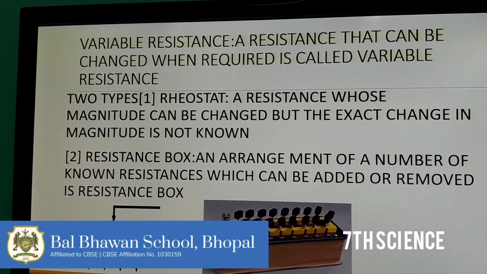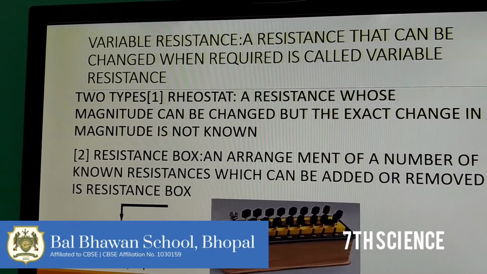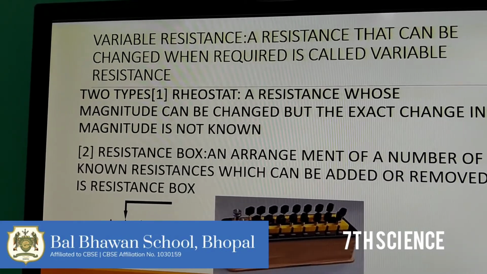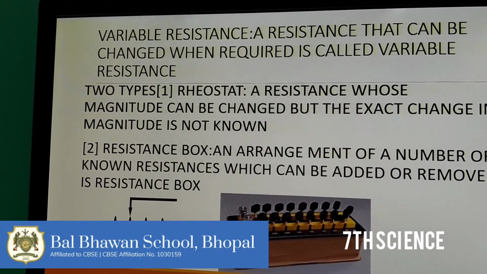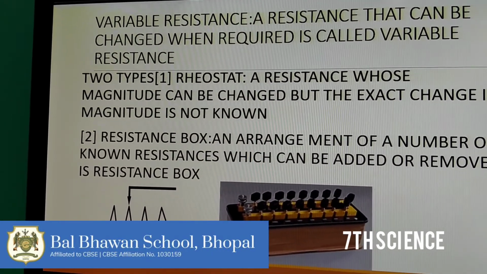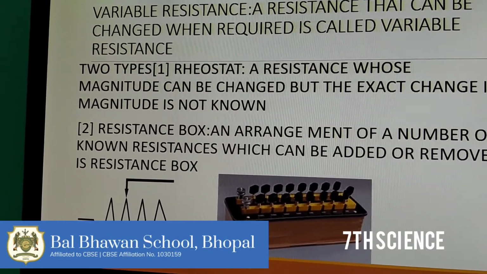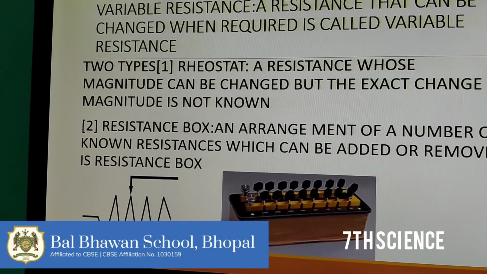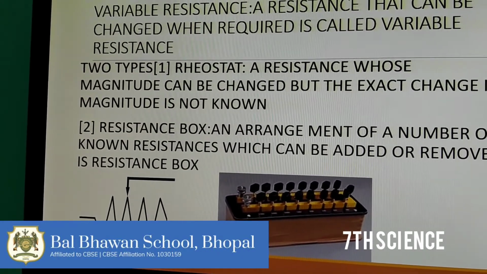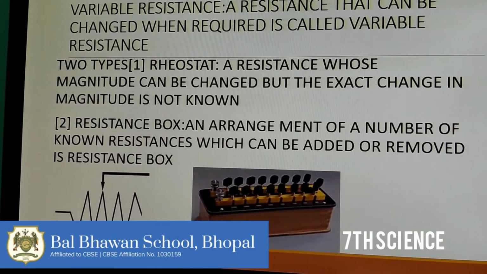Coming to variable resistance, a resistance whose value is not fixed and can be changed when required. Now again, two types: rheostat and resistance box. Rheostat, a resistance whose magnitude can be changed but the exact change in magnitude is not known.